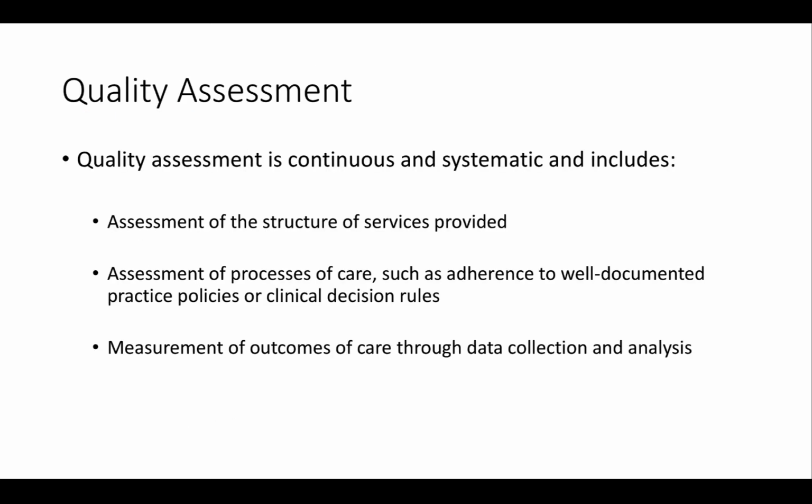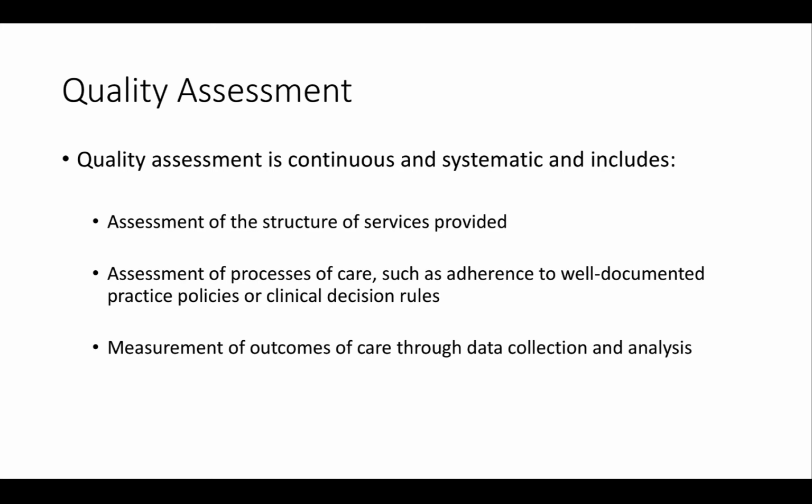So the fourth area, or the fourth construct that forms the Guide to PT Practice, is quality assessment. Not a whole lot that we've talked about so far, but think about quality assessment as that continuous and systematic process to include the assessment of the structure of services provided, to assess the processes of care, so the adherence, and well-documented practice policies and clinical decision rules, and then assessing measurement of outcomes of care through data collection analysis.